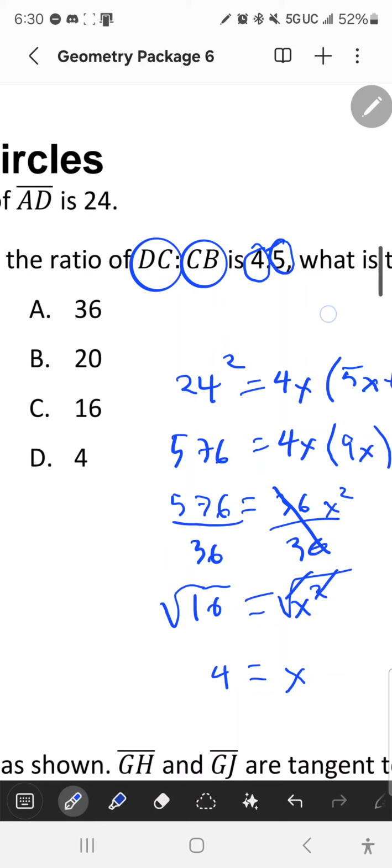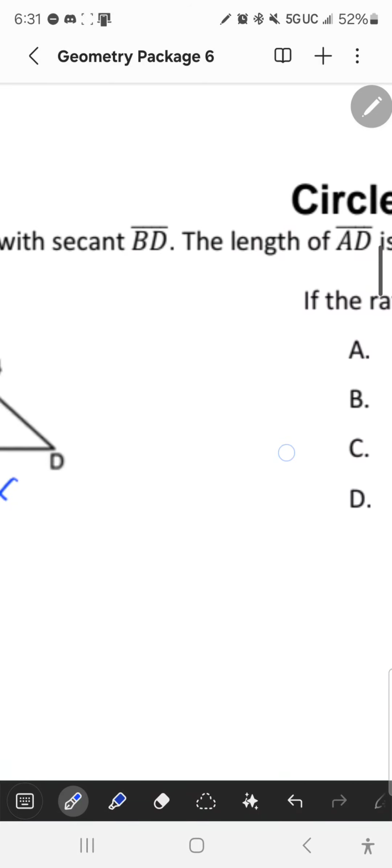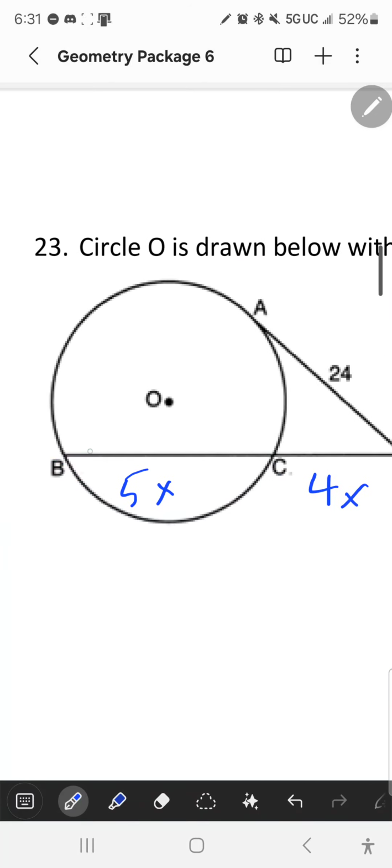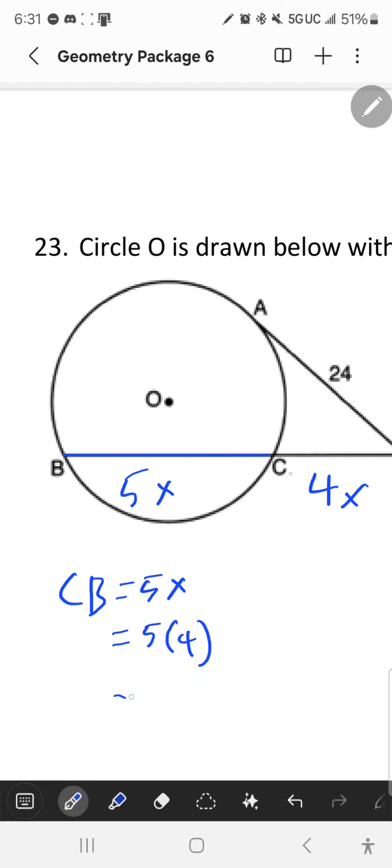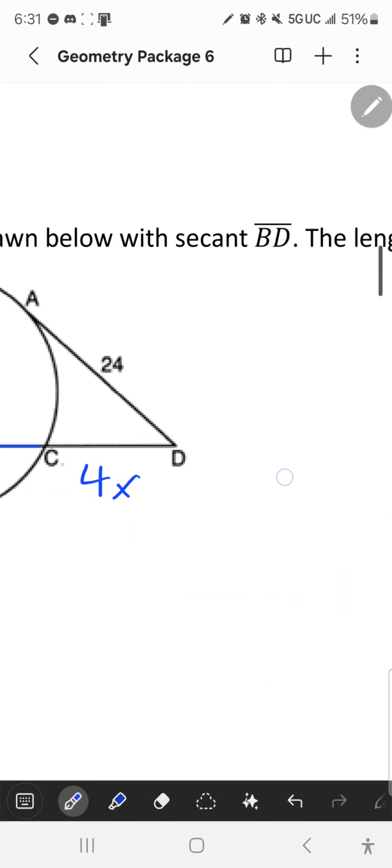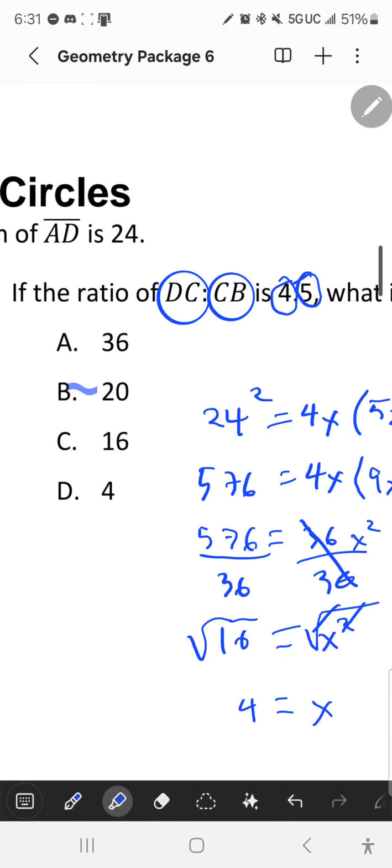Now we have that x is 4, but they're asking for CV, right here. I have that it is 5x, so CV equals 5x, which is going to be 5 times 4, which is 20. And this is our answer.